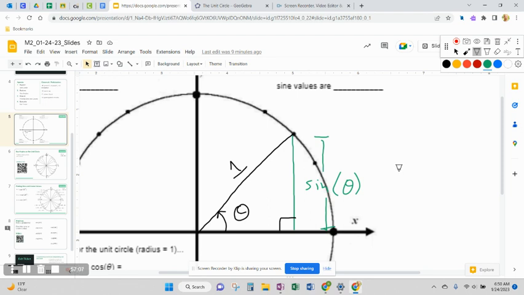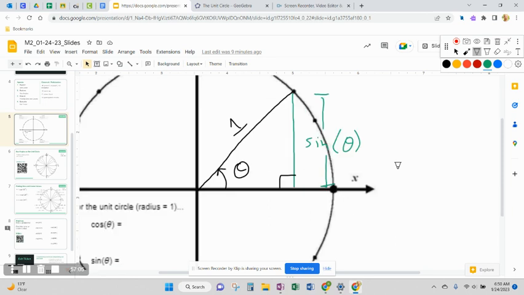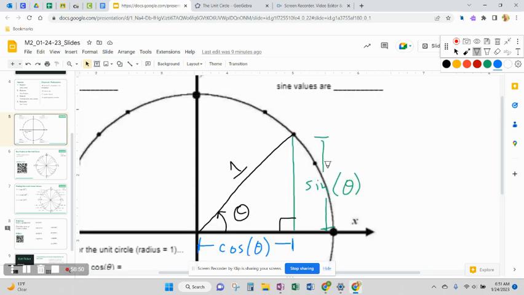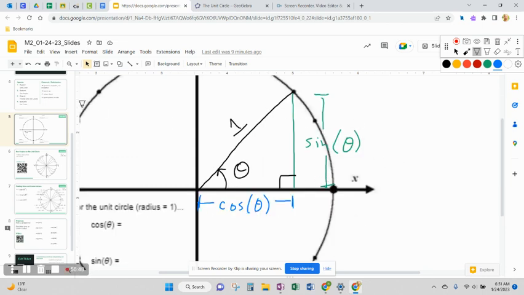Now, just like sine of theta is talking about our height, cosine is going to be talking about our width. So if I write in cosine of theta, okay, I have the width of my triangle. And I'm going to go ahead and make a thicker blue line showing the width of that triangle there.